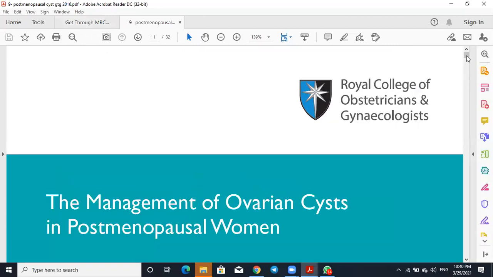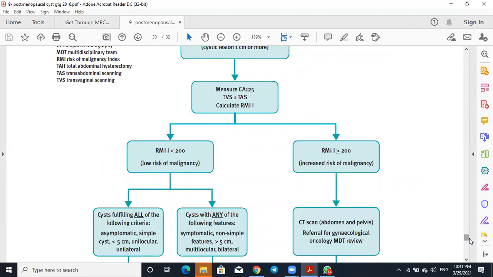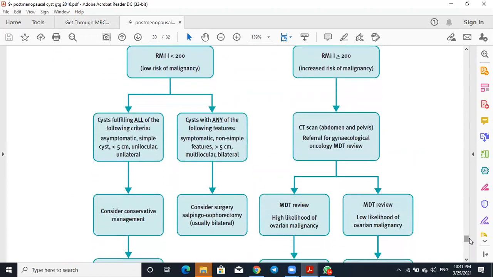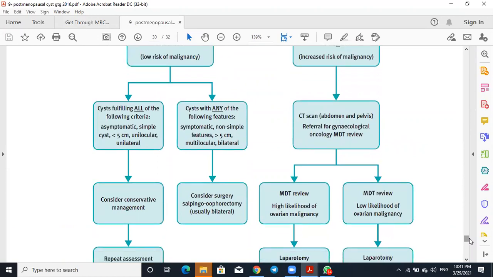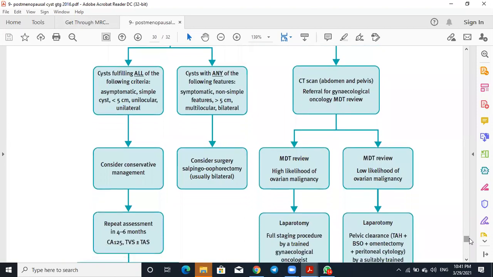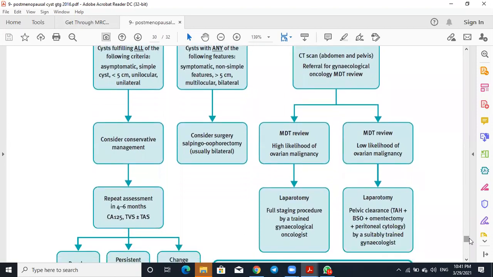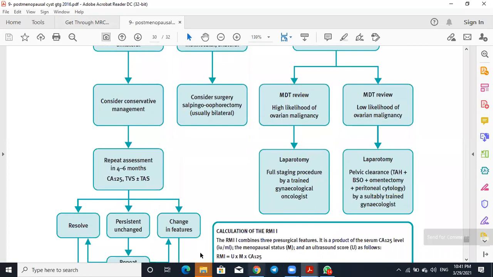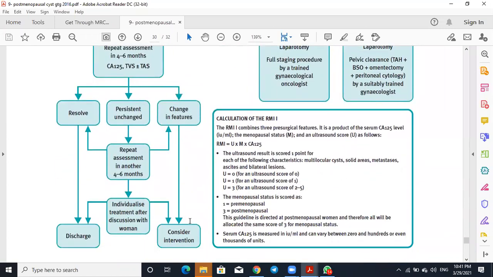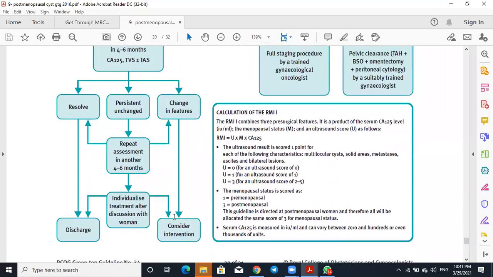Look, this question is bilateral salpingo-oophorectomy, it was in the chart. It is not fulfilling the criteria, it was less than 5 centimeters, and we did 2 months repeated scans. Now there is a change in the features. It became larger. So according to this, we should consider intervention.